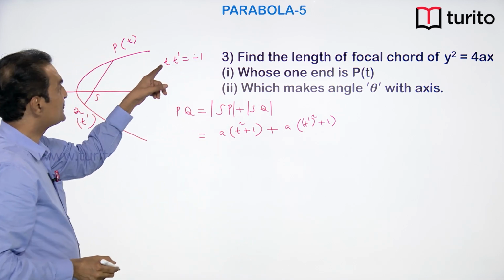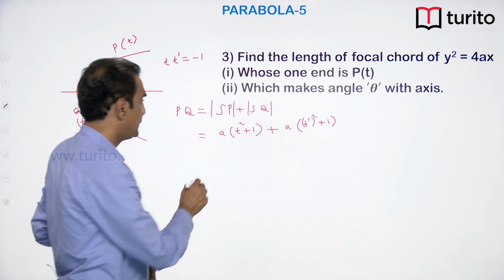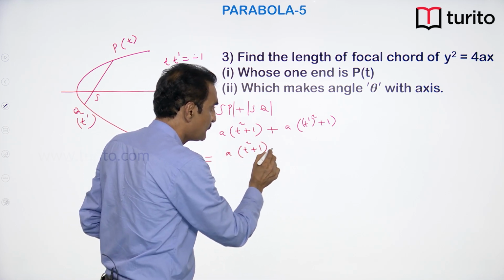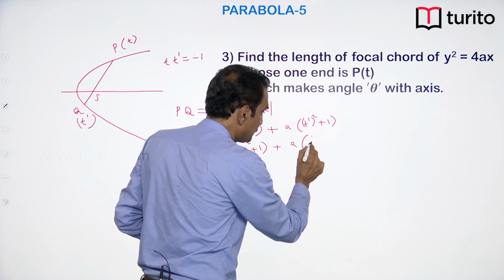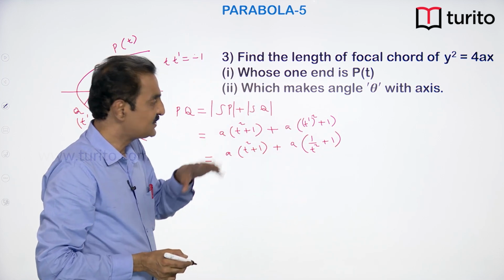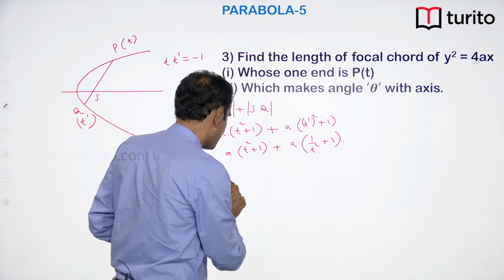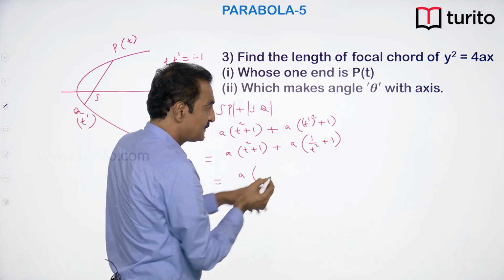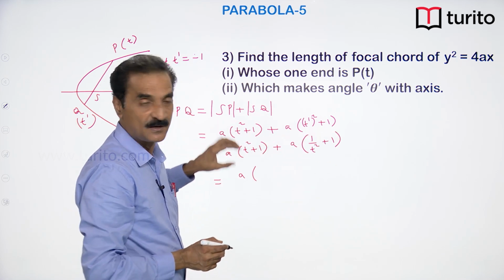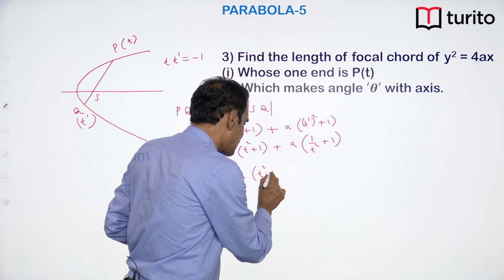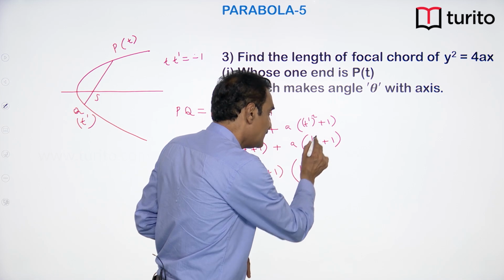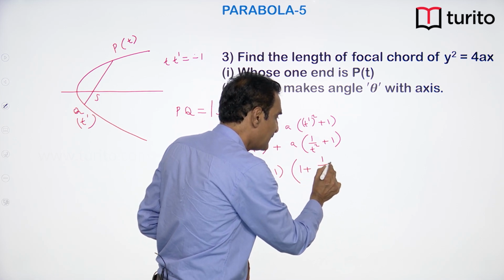Now, let us write T dash as -1 by T. Then, you will get T dash square as 1 by T square plus 1. Now, let us add. You can observe that this is A into 1 plus T square by T square. So, we can take A into 1 plus T square common. A into T square plus 1 is common. Remaining will be here 1 plus here 1 by T square will be remaining.